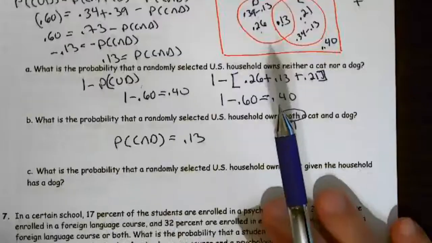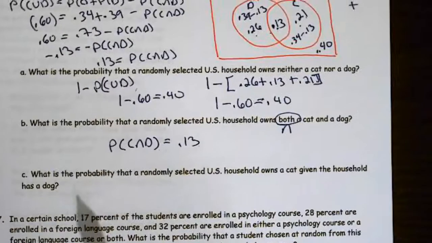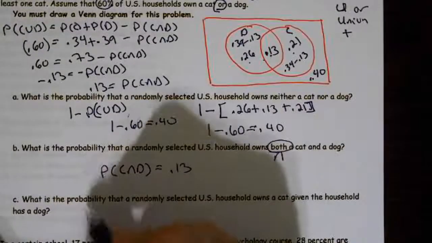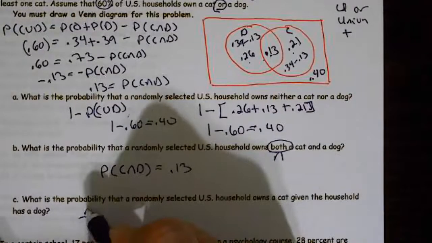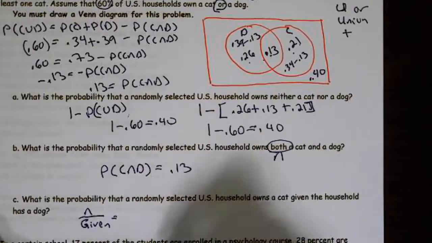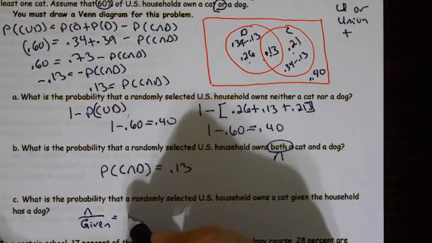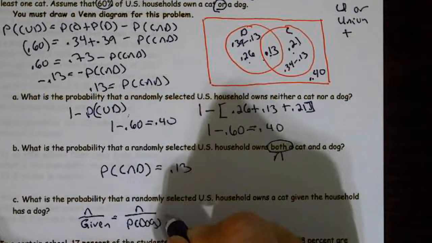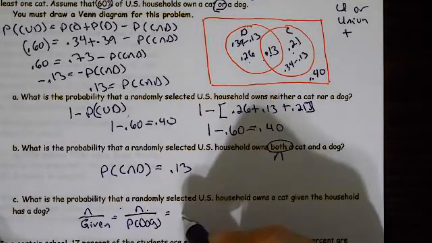What's the probability that a randomly selected U.S. household, given they have a dog? All right. So remember, it's always intersection over given, which is the same as saying the overlap over the given. And in this case, we were given that we had a dog. So we're looking for the probability of dog, and we're looking for that intersection, or dog intersect cat.